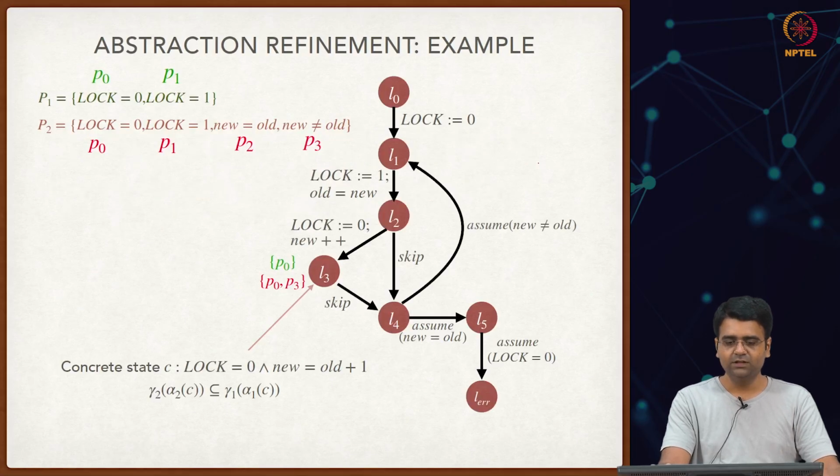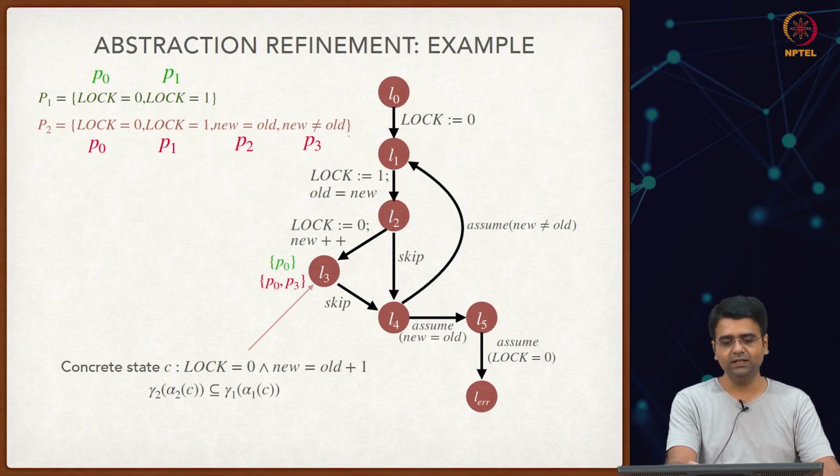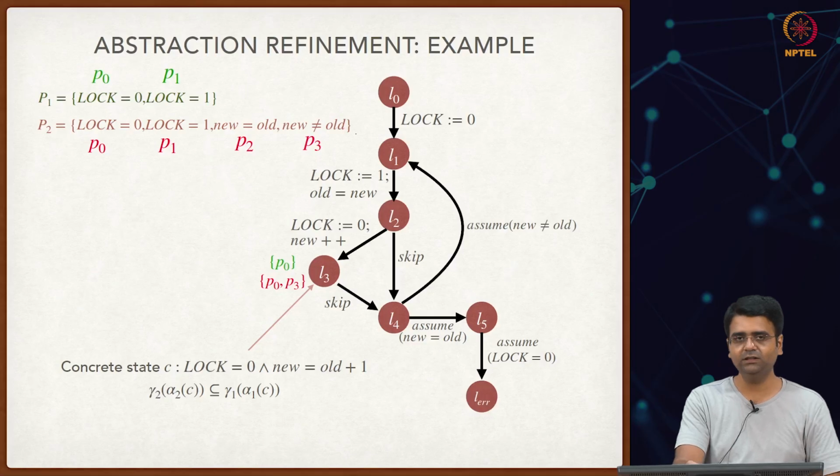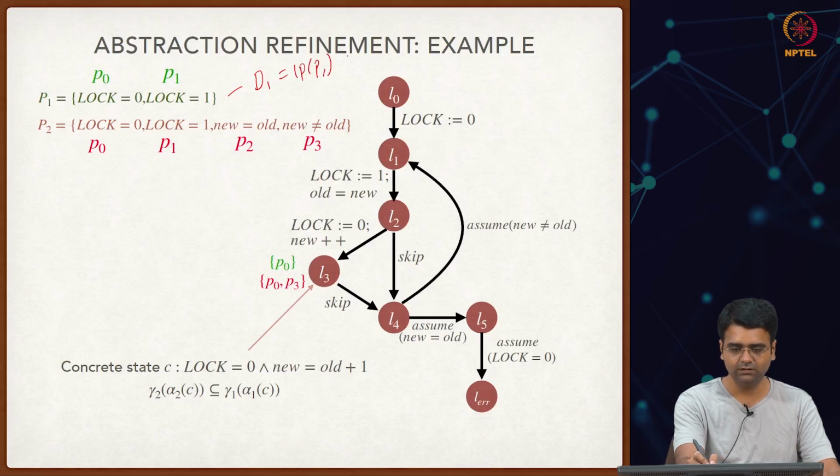In order to illustrate what we just saw, we have seen two different abstract domains, one using the predicate set P1 and the other using the predicate set P2. Let's say this is the domain D1, which is the power set of P1 union bot, and this is the domain D2, which is the power set of P2 union bot.